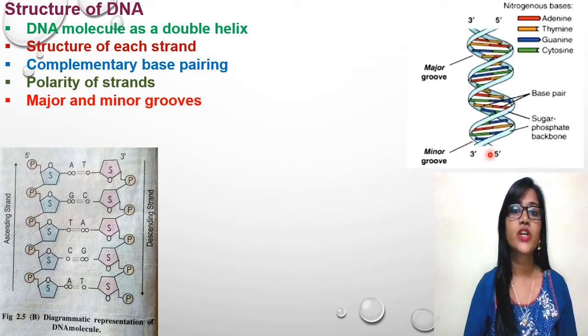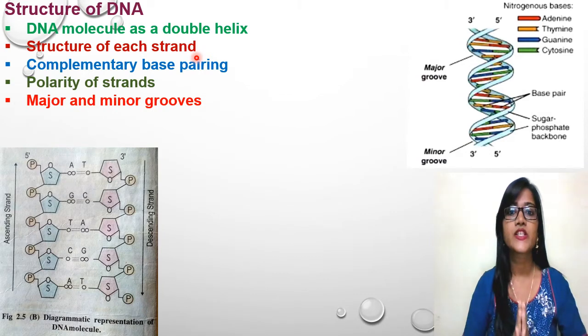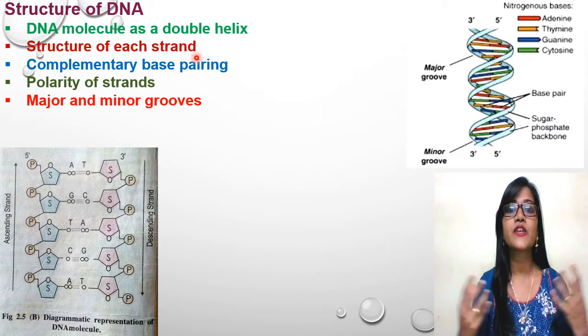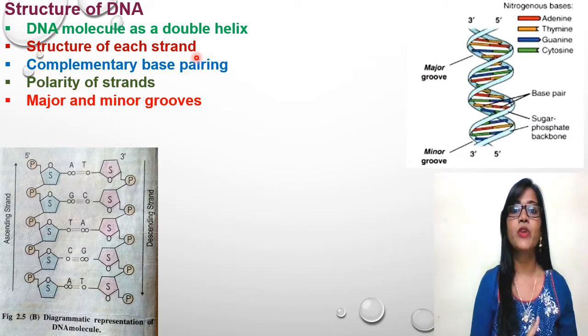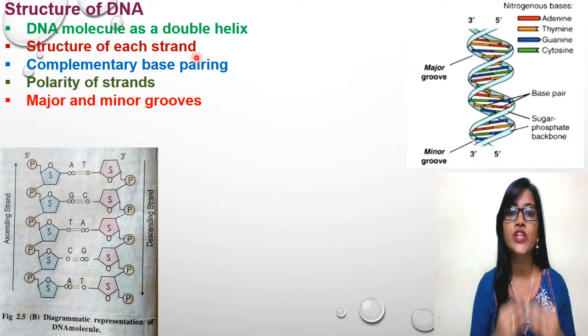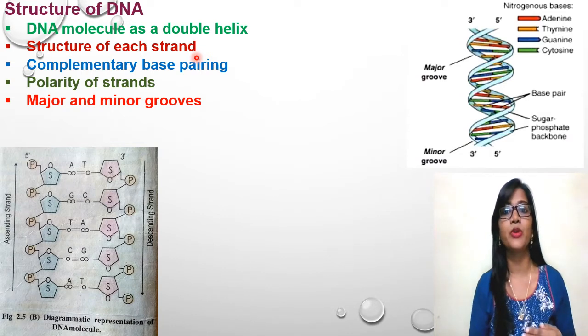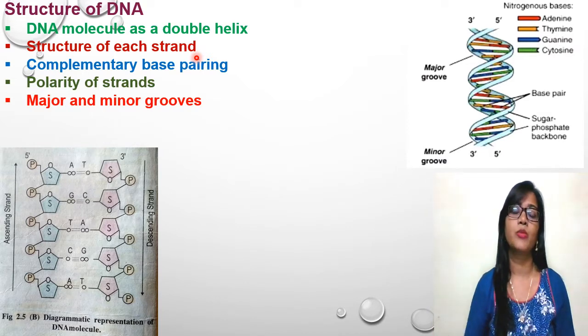Now, each strand of the DNA consists of a number of nucleotides. We have studied it. Each nucleotide is made up of deoxyribose sugar, a phosphate group, and a nitrogen base. The successive nucleotides of the same strand are linked by 3',5' phosphodiester linkages, that is, the phosphate attached to the fifth carbon of a sugar of the nucleotide is joined to the third carbon of another.